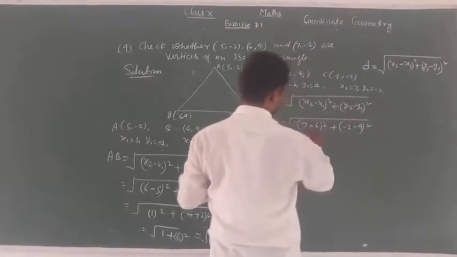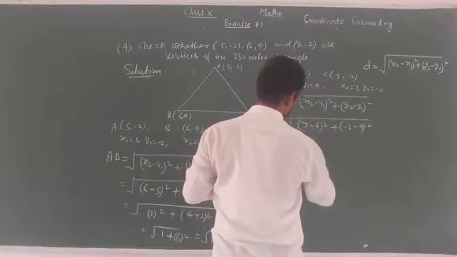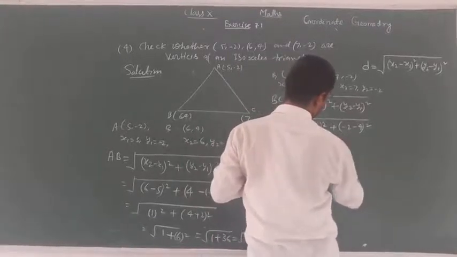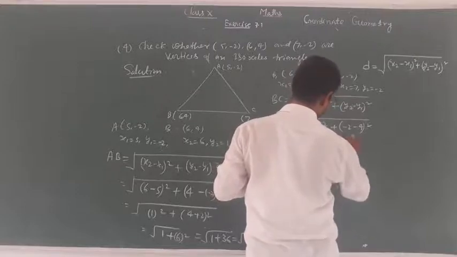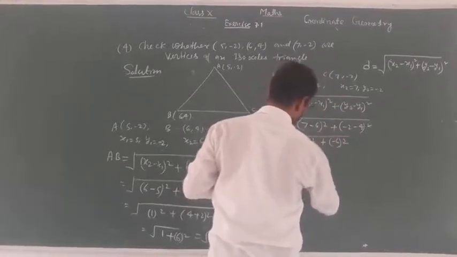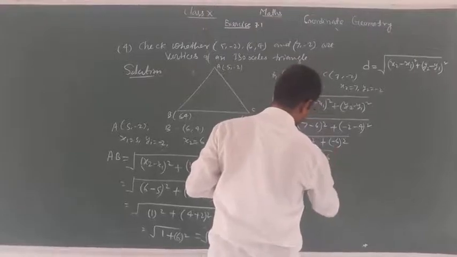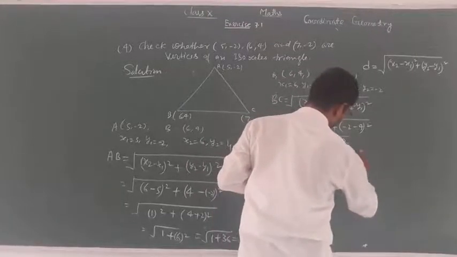So (7 minus 6) is 1 squared, (-2 minus 4) is -6 squared. So 1 plus 36, square root of 37.